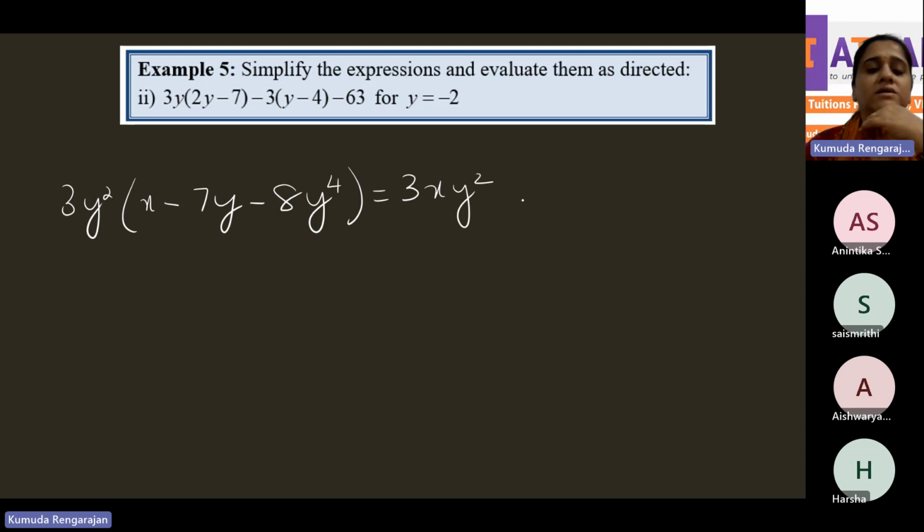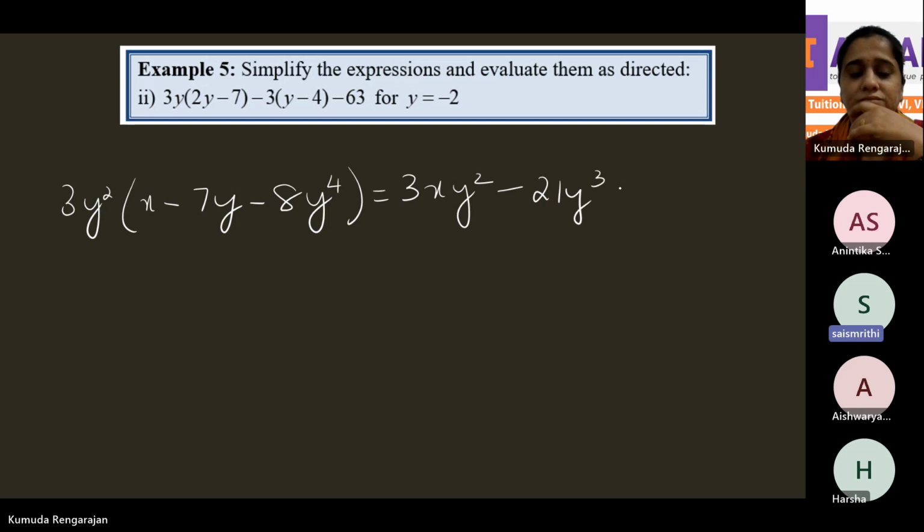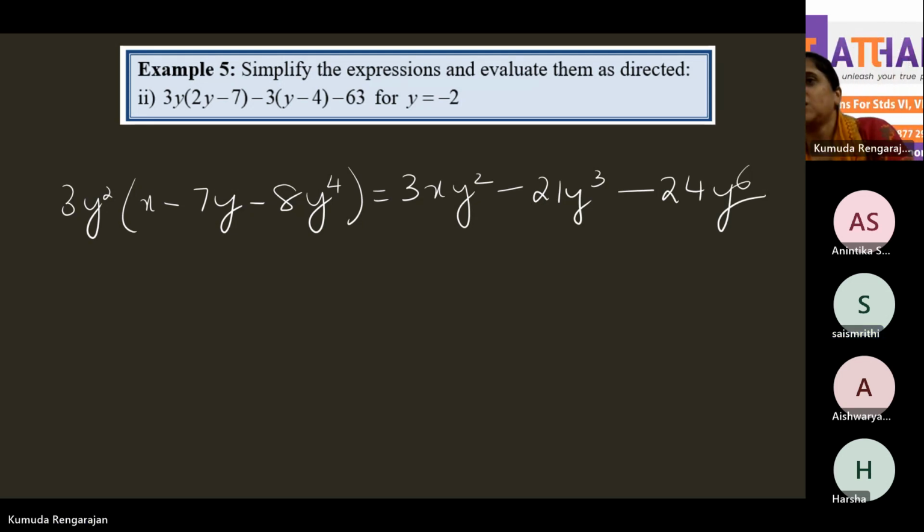Write x first. Then, yes, ma'am. Yeah, 3xy square minus 21y cube, okay, minus 24y power 6. Correct. All right.